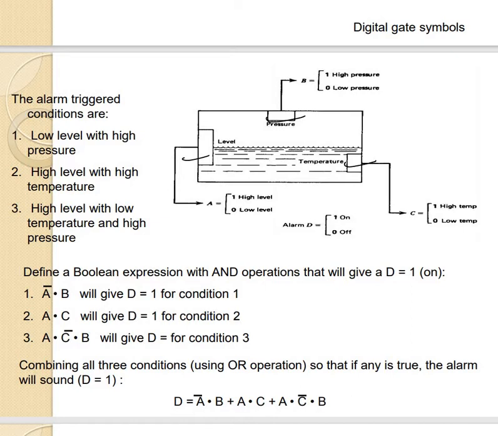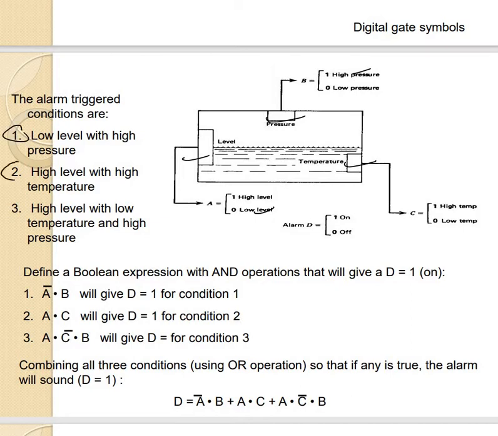It is mentioned here the alarm is triggered when low level with high pressure occurs. So that means low level, high pressure, the alarm will be triggered. This is the first condition.